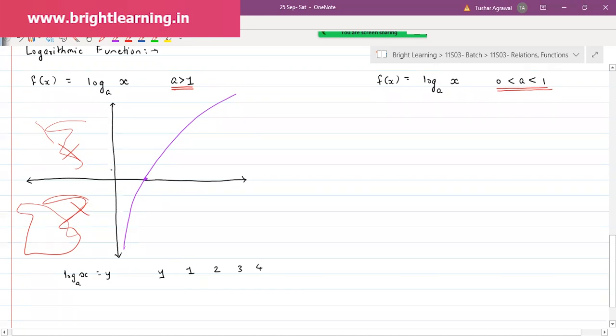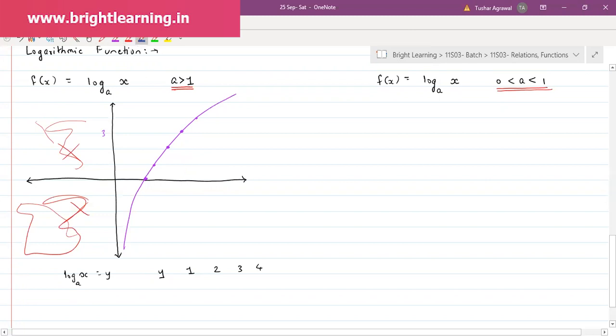So y is equal to 1. What was the image? This point. Y is equal to 2, this image. This was the corresponding x. Y equal to 3, this was the corresponding image. Y equal to 4, this was the corresponding image. So what is the jump in the corresponding axis?